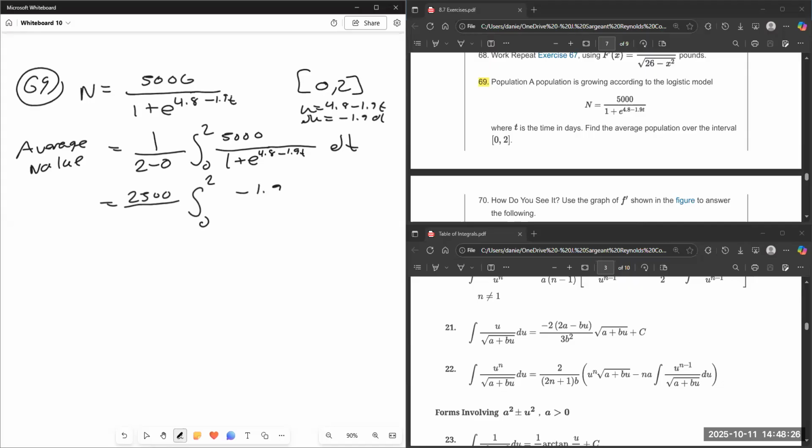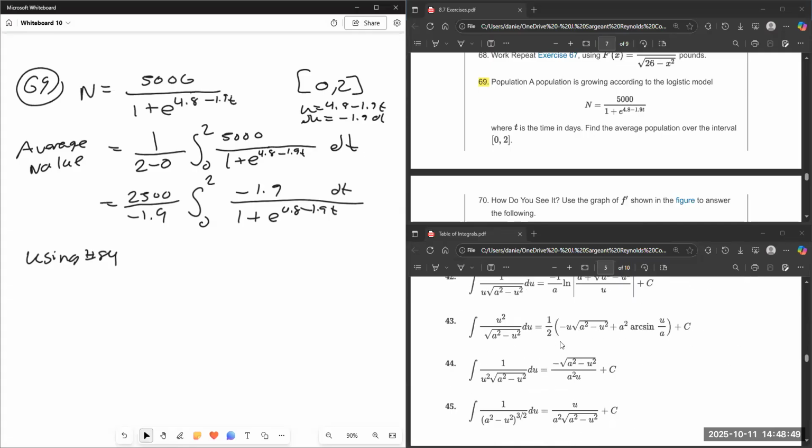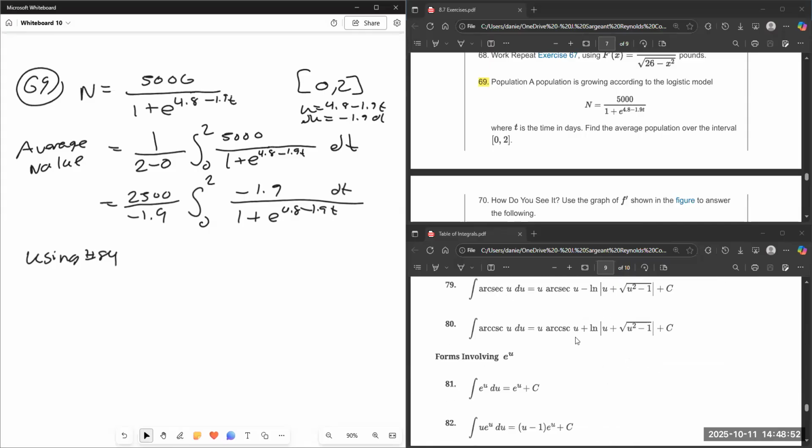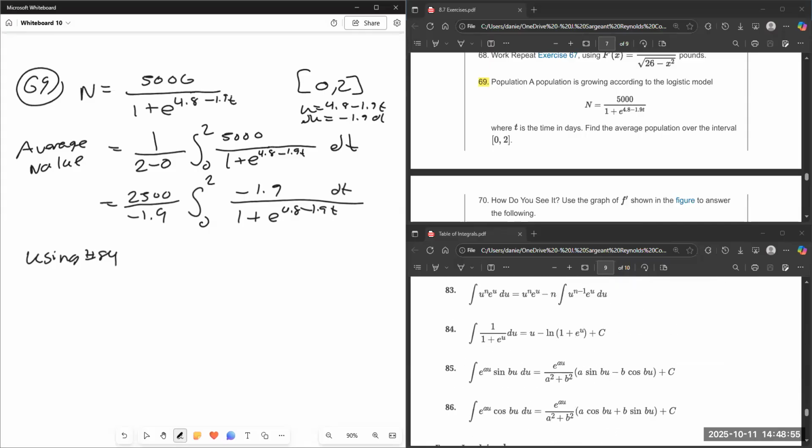So I need a negative 1.9 up here with dt and divide by a negative 1.9 down there. 1 plus e to the 4.8 minus 1.9 t. And that's going to let me use number 84. 84 says the integral of 1 over 1 plus e to the u du is u minus ln 1 plus e to the u plus c.